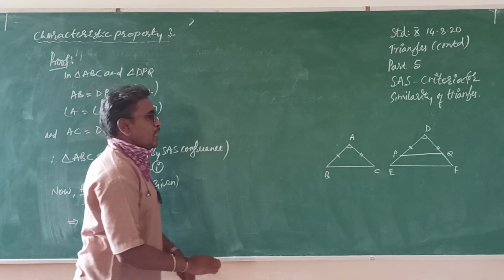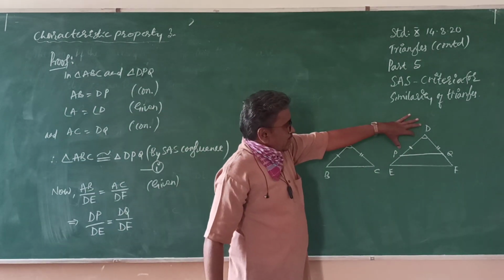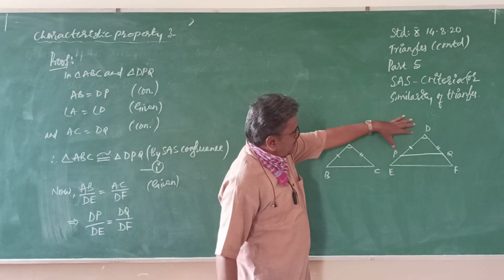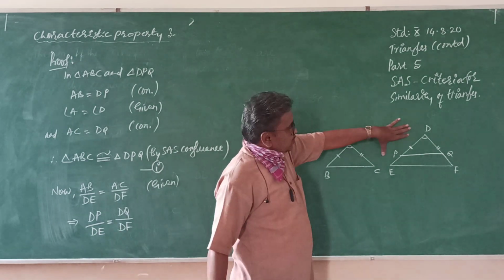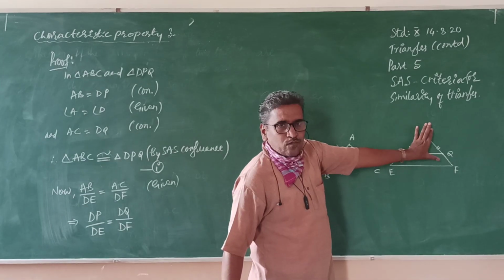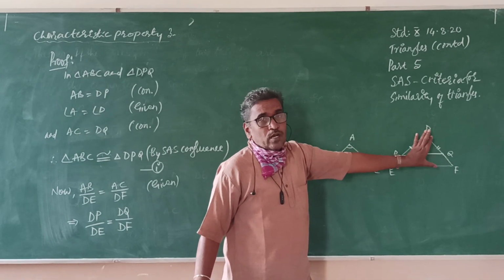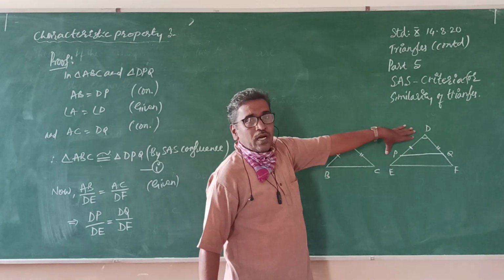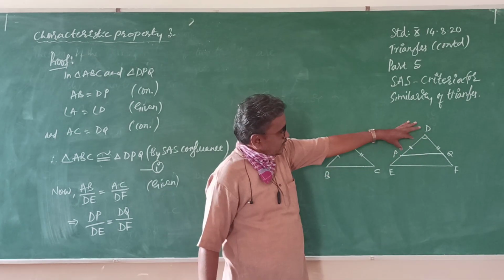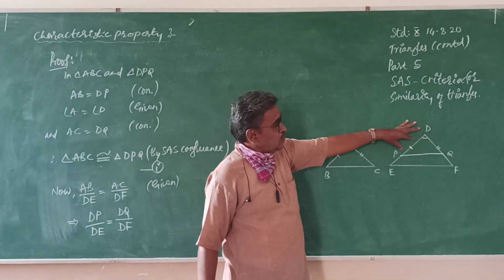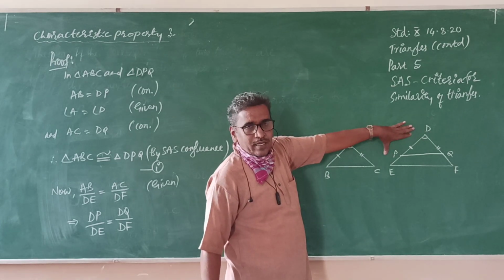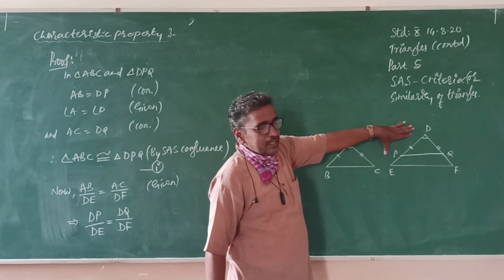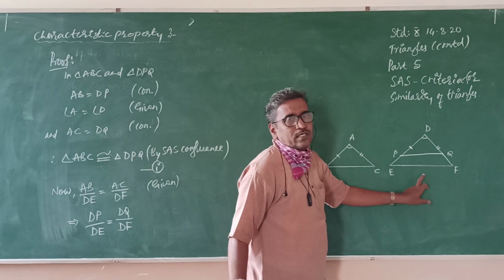Now DP by DE is equal to DQ by DF, by the corollary of the basic proportionality theorem. Sides of the new triangle from D are proportional to the sides of the given triangle DE. Then the theorem tells that PQ is parallel to EF.